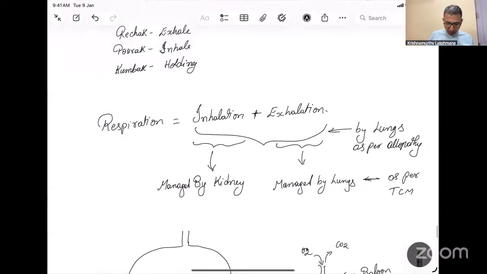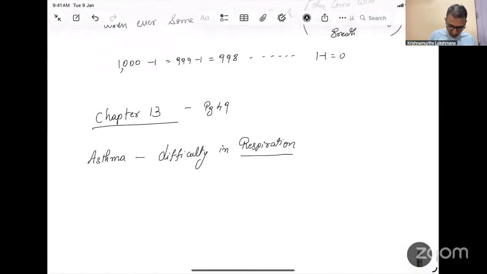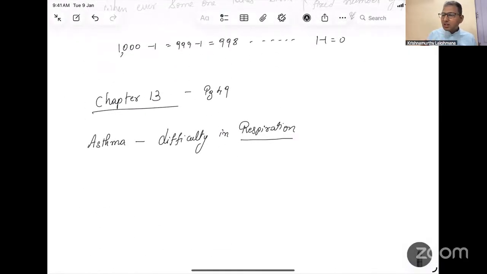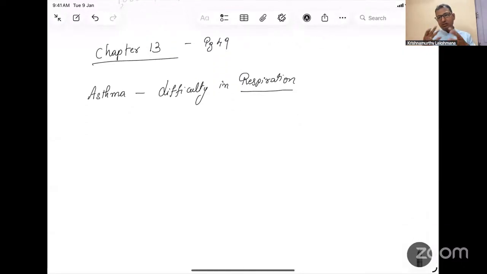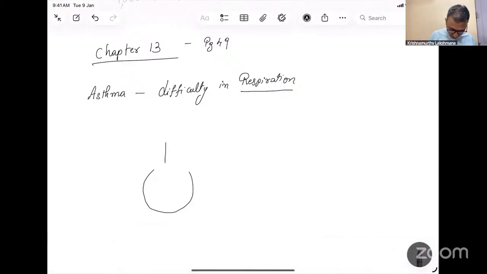So before we go through this, we'll write this. Now let's try to understand the alveoli, and from there we will move forward. This is the balloon, and around this there is blood supply, right?